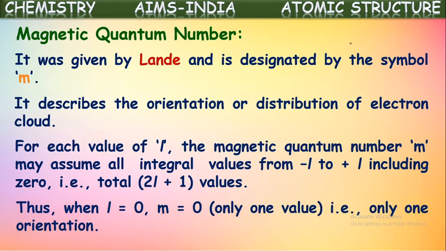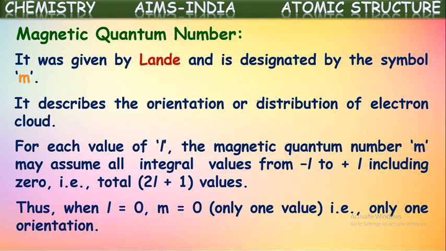Suppose the azimuthal quantum number l is equal to 0. That means the s subshell. Then the magnetic quantum number m becomes 0, because m values are from minus l to plus l, and l itself is 0 here. So there is only one value of m, which means only one kind of orientation is possible with l equal to 0.